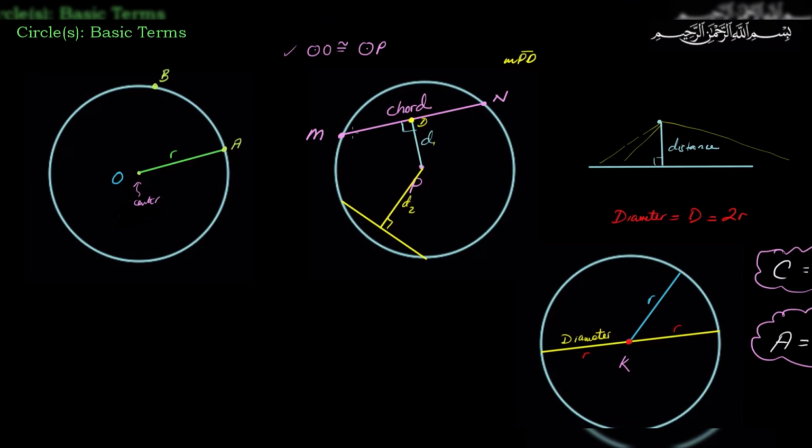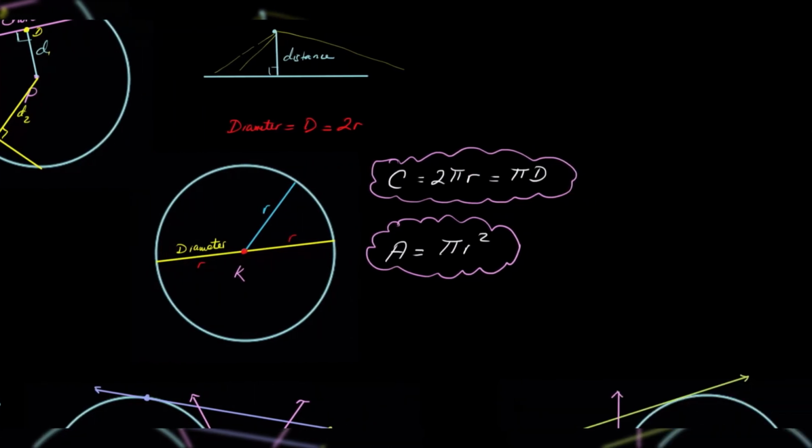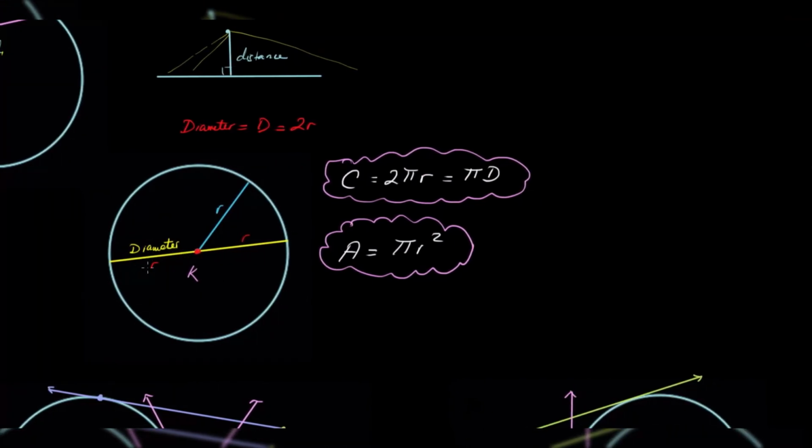A chord is a segment that connects 2 points that are on the circle, and the distance a chord is from the center is the perpendicular distance from the center to the chord. Then we talked about the diameter being a special chord that goes through the center, and the diameter is 2 times the radius. We also reviewed the formulas for the circumference of a circle, 2 pi r, and the area of a circle, pi r squared.